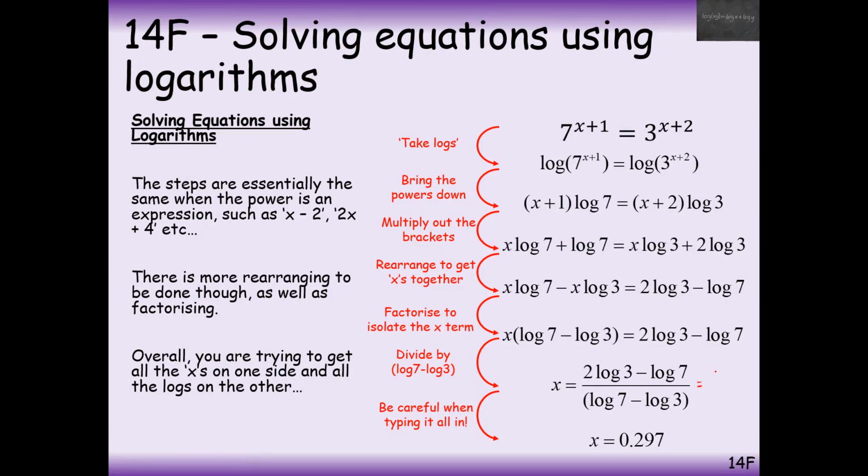You could have simplified this to log of 3 squared, 9 over 7, divided by log of 7 over 3. This would have worked just fine as well. Don't simplify this any further. This doesn't simplify anymore. Two logs divided by each other are two logs divided by each other.